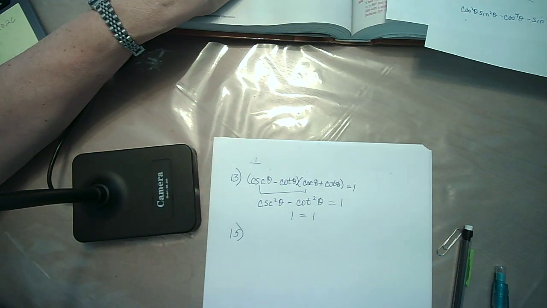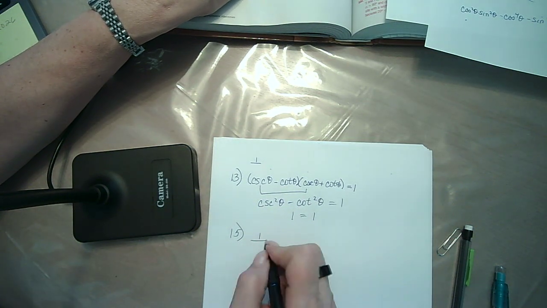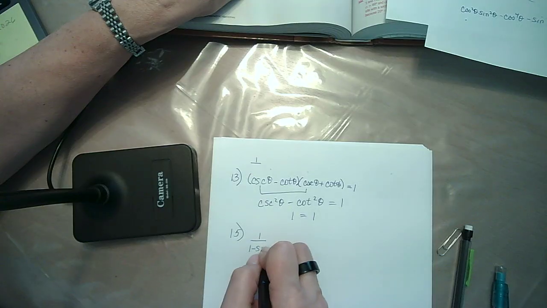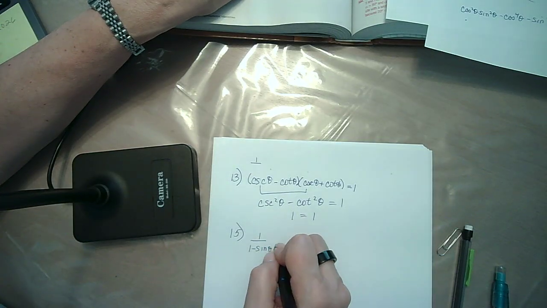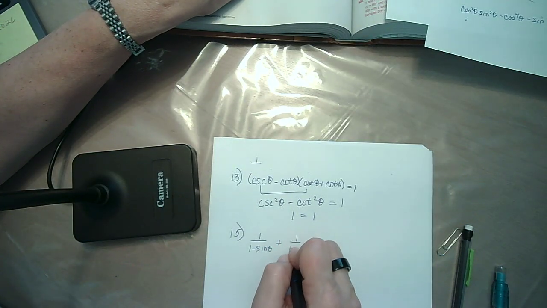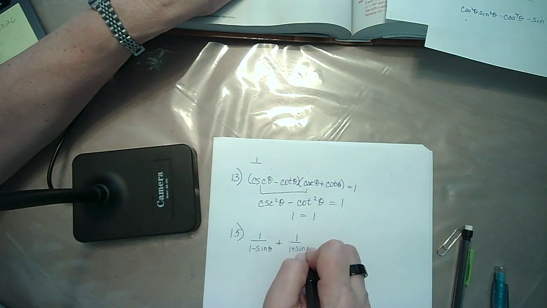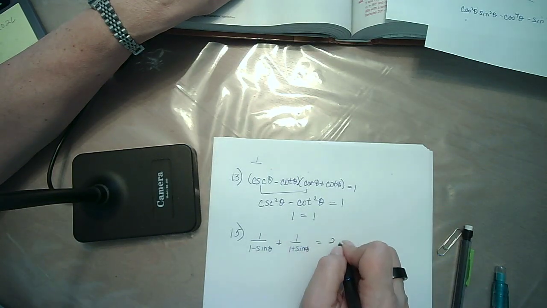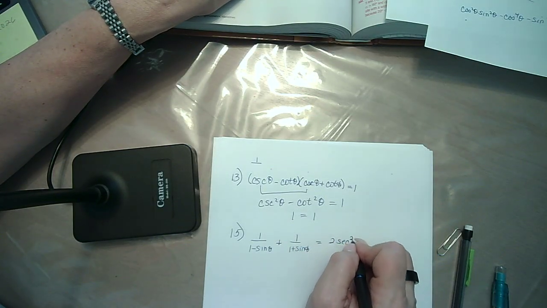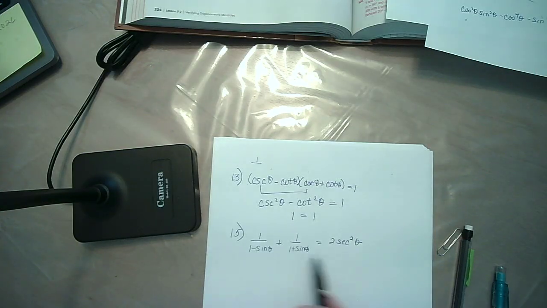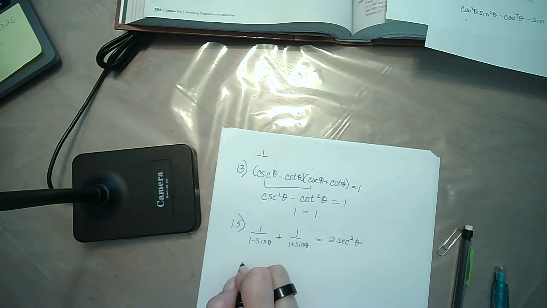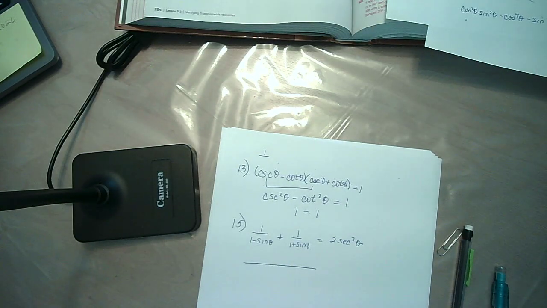Okay, I think 15 is going to, no, 15 is not. 1 over 1 minus sine theta plus 1 over 1 plus sine theta equals 2 secant squared theta. All right, definitely doing common denominator here. I kind of think we did this one in class, to be honest with you.